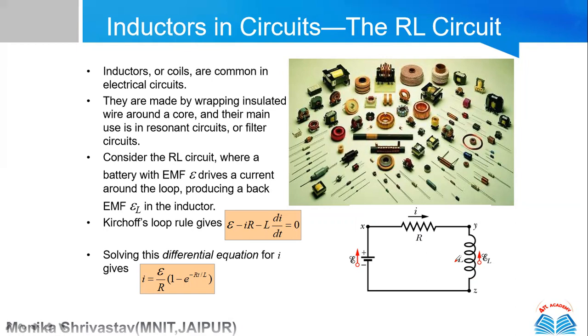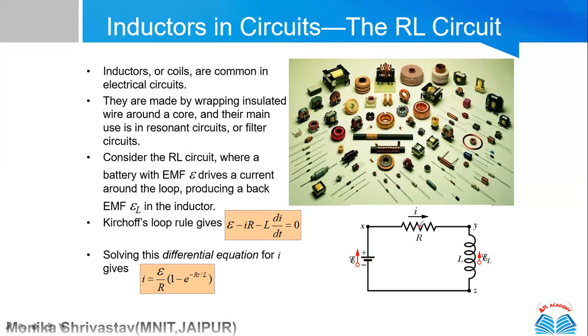So you know how to apply Kirchhoff's loop or nodal law. This is a closed loop, and we can apply Kirchhoff's loop rule. This is quite easy. We move from the positive side of the battery.